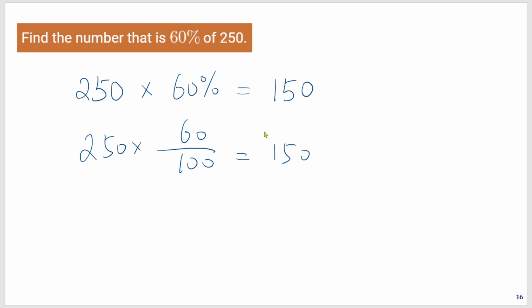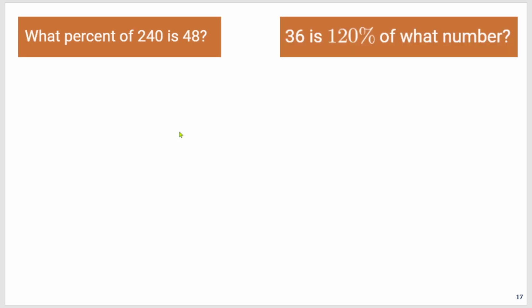And next, let's consider two other questions. What percent of 240 is 48? And next, 36 is 120% of what number? Okay, let's consider the first one. What percent of 240 is 48?